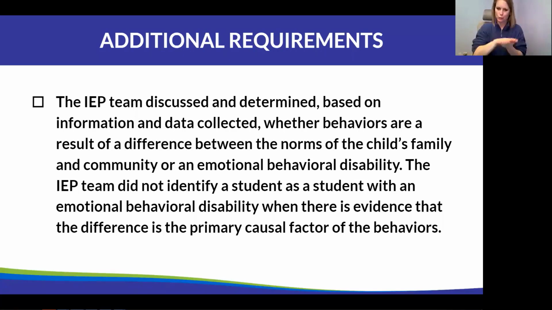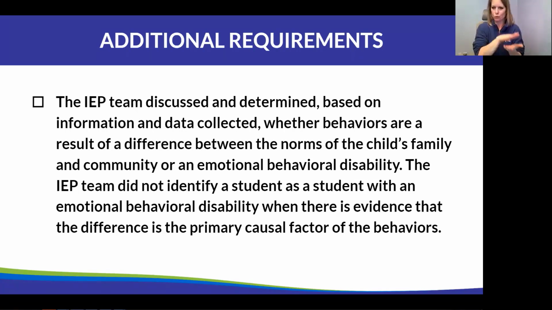So those behaviors that don't meet the purposes of school are still unacceptable and can still be indicative of emotional behavioral disability, but you need to look at it through that cultural lens. And then you have to ask the question, when it comes to hitting, physical aggression, the school has a legitimate educational reason to say that behavior is inappropriate and not acceptable at school, even if it is at home.